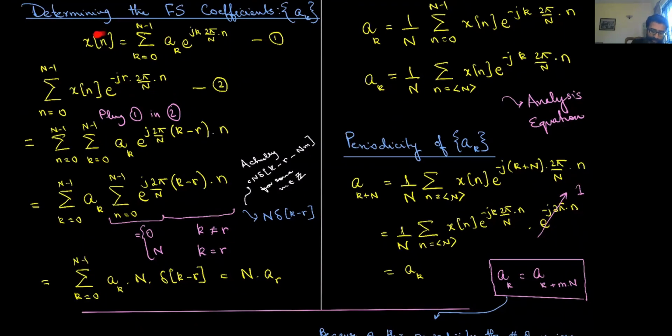And then I plug in what x of n is into this. I get a double summation. The inner summation inside the double summation, I see that this is actually equal to 0 whenever k is not equal to r and is equal to N when k equals r, and so on, this is the final result that you get. And this final result is the analysis equation.